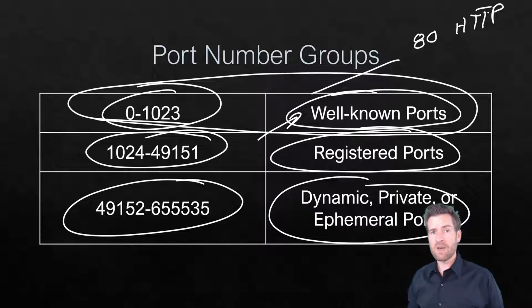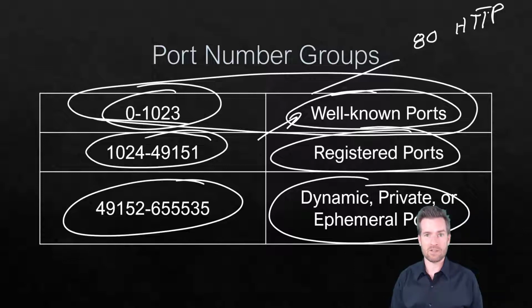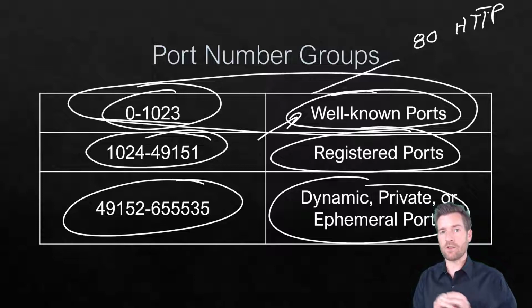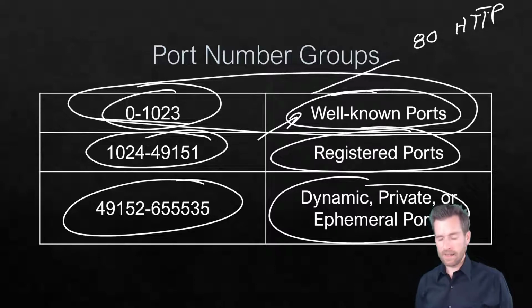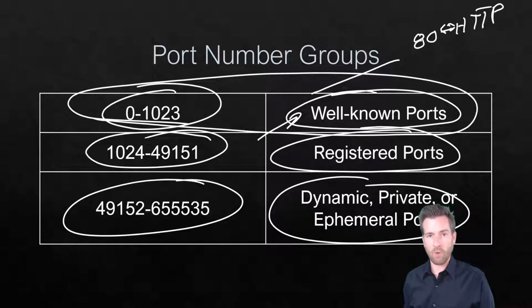You could, but that's not typically done. There would be some reasoning why you would set HTTP up to be on another port rather than port 80. But generally speaking, this is a one-for-one where port 80 is associated with HTTP.